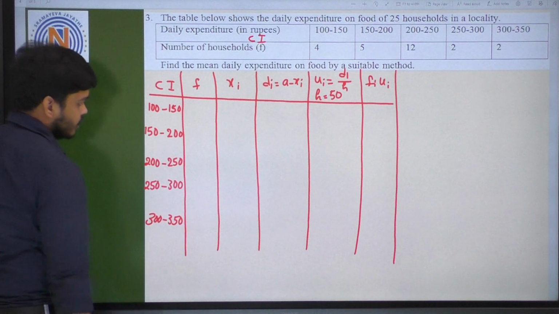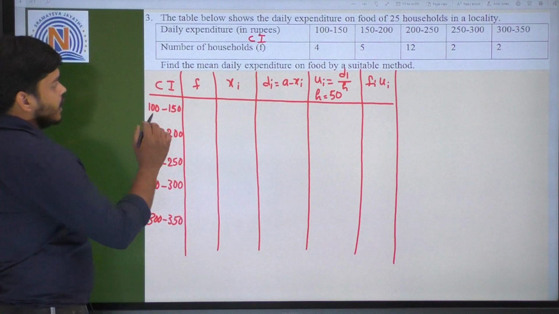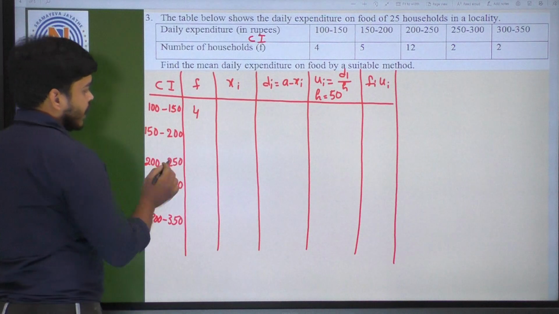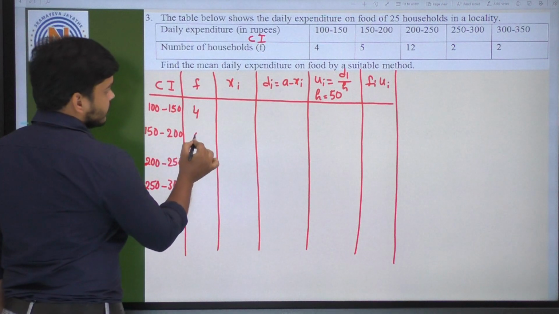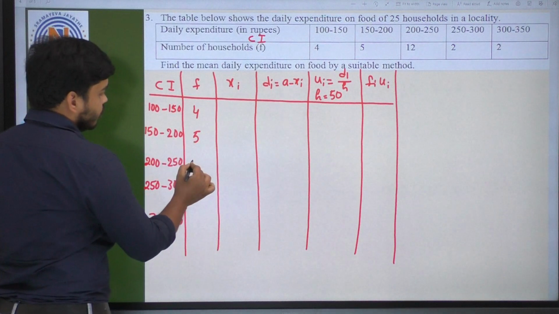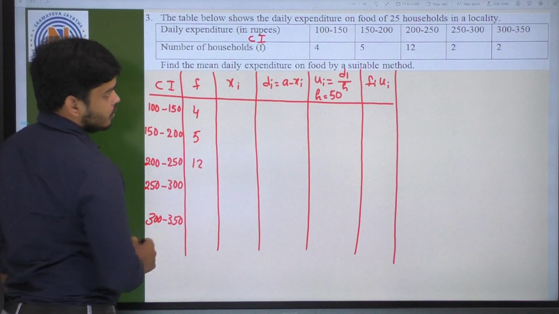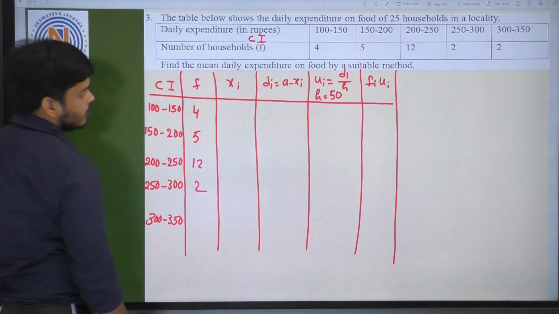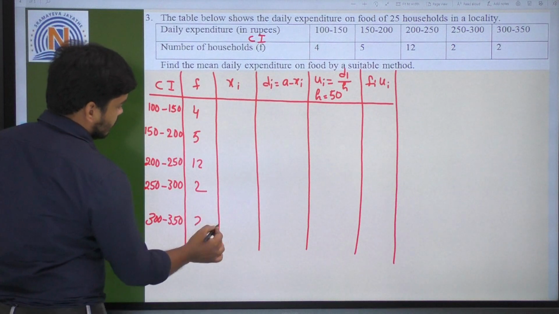These are the expenditures. Now the frequency: for 100 to 150, there are 4 householders, for 150 to 200 there are 5, for 200 to 250 there are 12, for 250 to 300 there are 2, and for 300 to 350 there are 2.